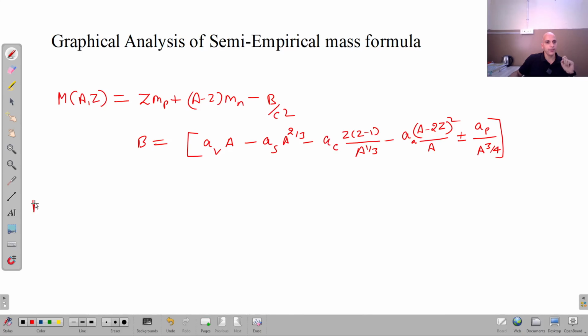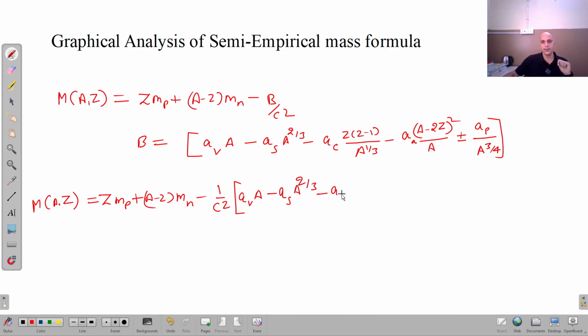So I can write M(A, Z) is equal to Z times mass of proton plus (A minus Z) times mass of neutron minus 1 upon c squared into [a volume energy term times A, minus a surface energy term times A power 2 by 3, minus a Coulomb energy term Z into (Z minus 1) divided by A power 1 by 3, minus an asymmetry energy term (A minus 2Z) whole square divided by A, plus or minus a pairing energy term divided by A power 3 by 4].